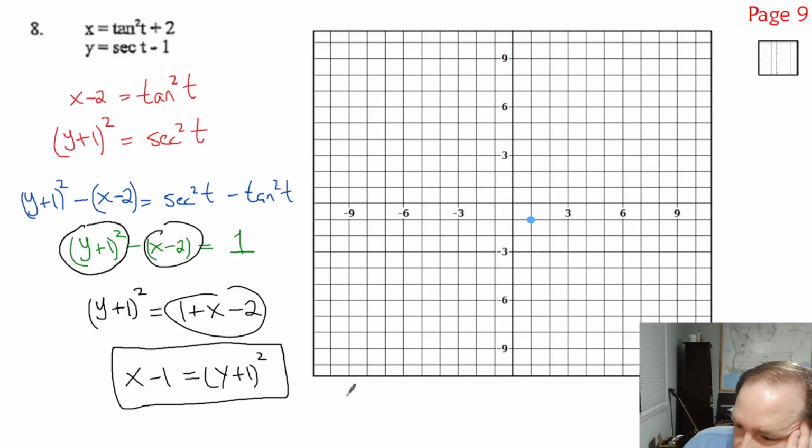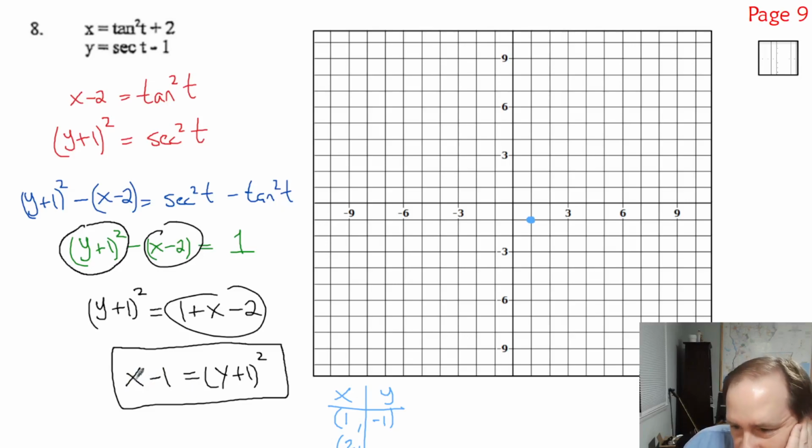I don't know. Make a little t-chart. Which way do we open? If it's y, then we're going to open to the right. So we already figured out that when x equals 1, we get negative 1, because that's our vertex. So why don't we figure out what 2 gives us?